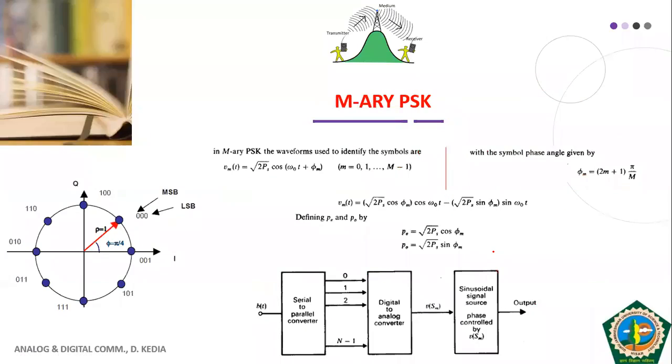So students, after looking into quadrature PSK, now we discuss M-ary PSK. M-ary PSK is nothing but the generalized form of PSK. As I told you, in quadrature PSK we had 4 different symbols. In BPSK we had 2 different symbols.